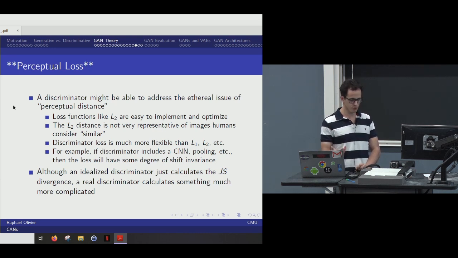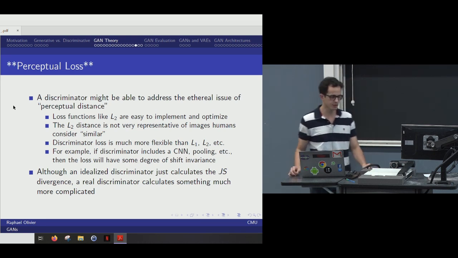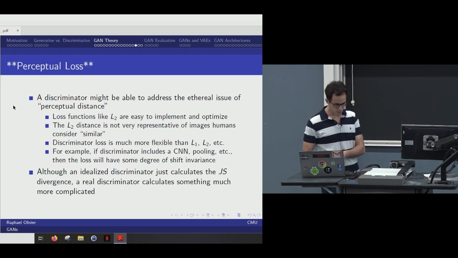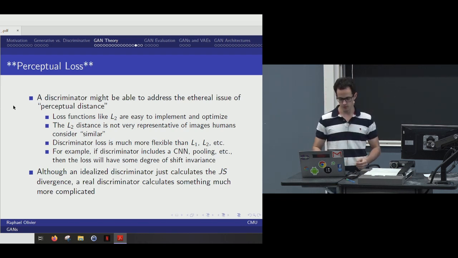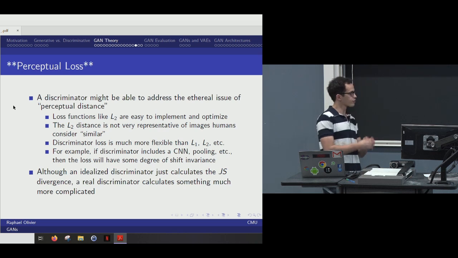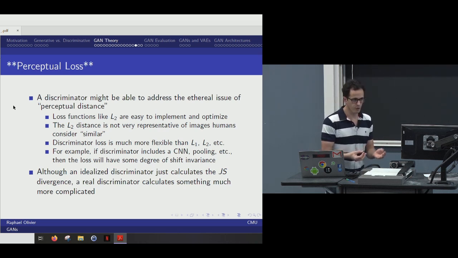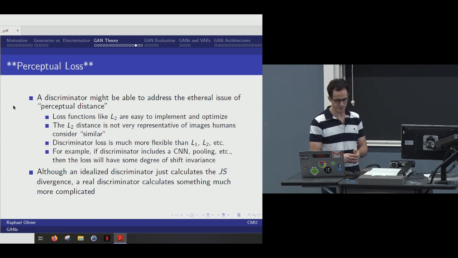If you want your loss to have a certain property, like for example being shift invariant, you can just make your loss a CNN, and the discriminator is going to be a CNN, so it's going to get all the nice properties that CNNs have, among which being shift invariant. So you can sort of plug into your loss function whatever you want to plug. So discriminators are very, very interesting from that perspective, and you can see that as the reason why GANs are so useful.